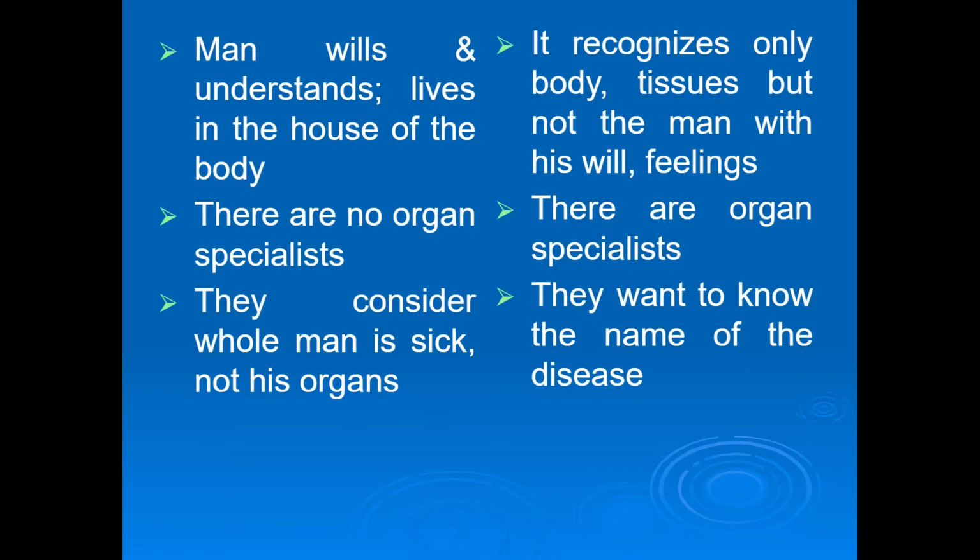There are organ specialists. They want to know the name of the disease. So modern medicine wants to know the nosological diagnosis of the disease. They are organ specialists. So we are thoroughly understanding the difference between the homeopathic system of medicine and modern medicine.